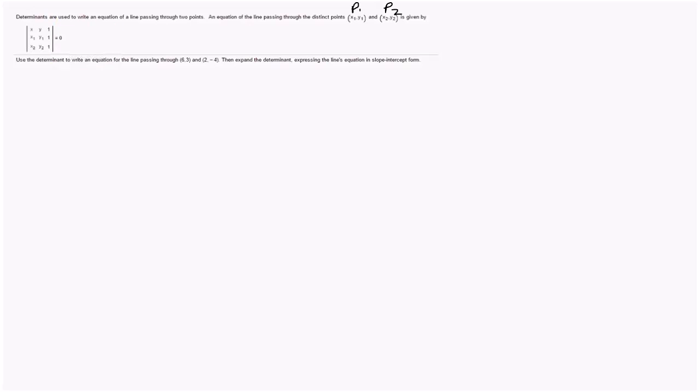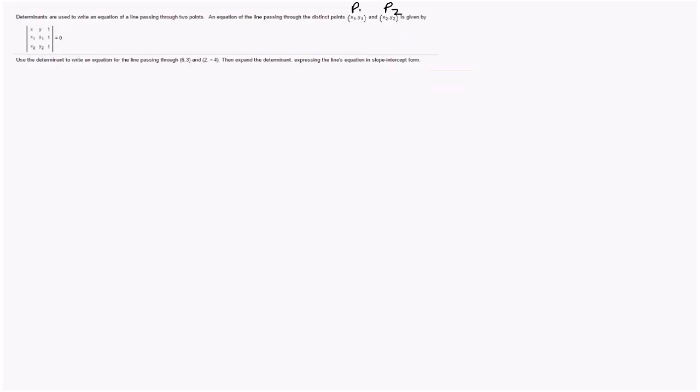So you put x, y, 1, and then point 1 is here, x1, y1. Point 2 is here, x2, y2. This last column is all ones, is equal to 0. So we can use this augmented matrix here, fill in our points for point 1 and point 2, x1, y1, x2, y2 values, and we can use this matrix to solve for the equation in slope-intercept form.